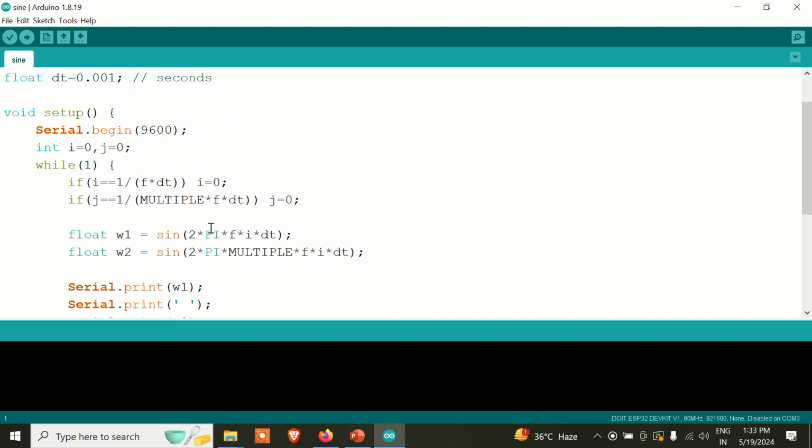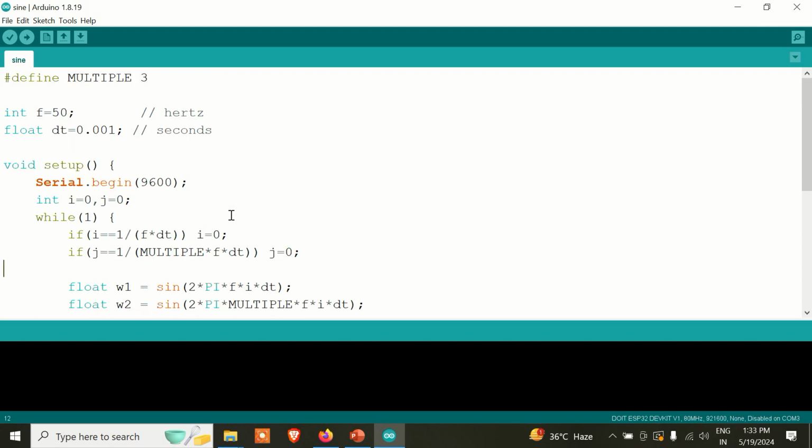This program, let's generate two frequencies. One is, let's say, fundamental frequency. Second is with a multiple of the fundamental, let's say two times, three times of the fundamental. Let's say multiple is you have defined three times.